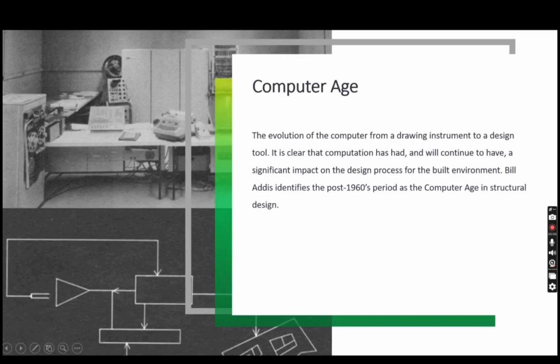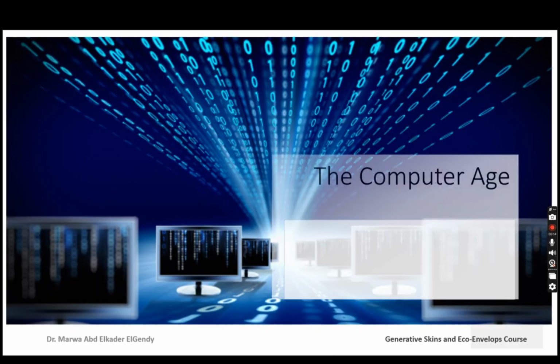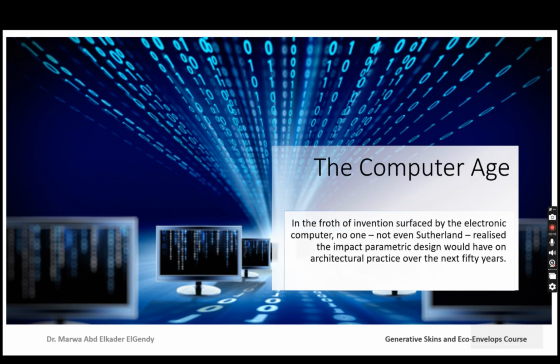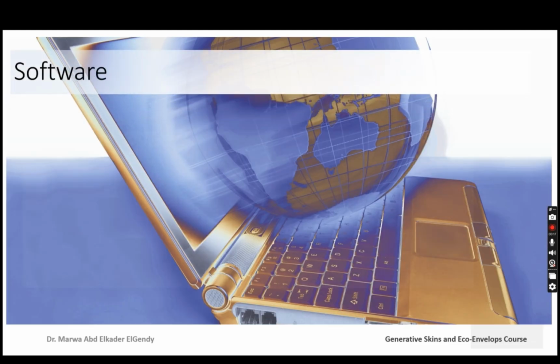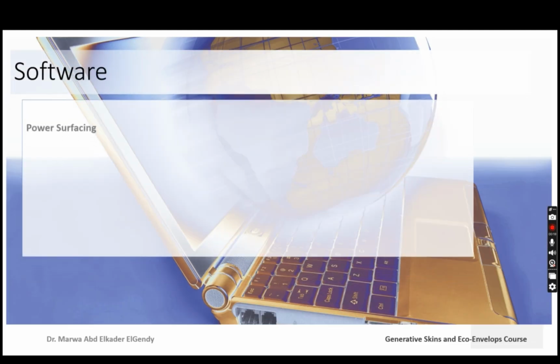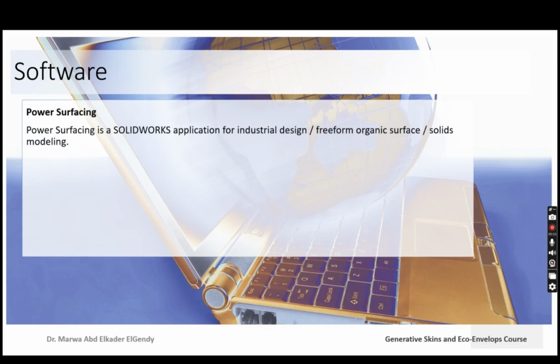The computer age came, and the computer evolved from a drawing instrument to a design tool. The technology started everywhere, and different computer software was invented that uses the parametric model, like these programs.